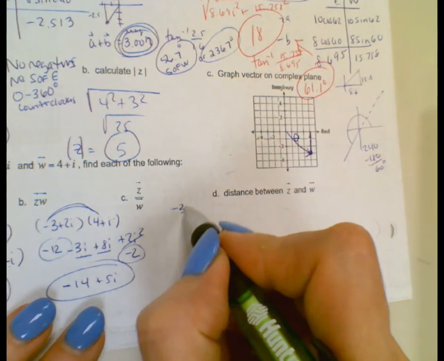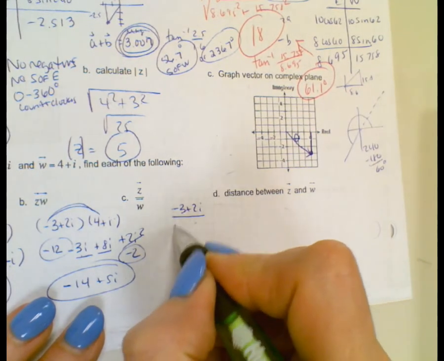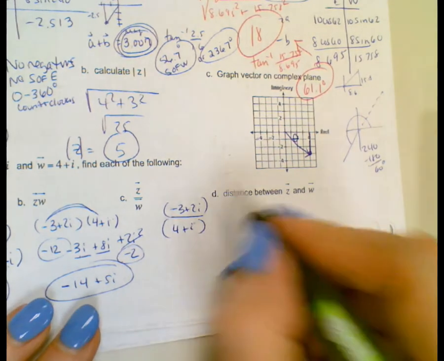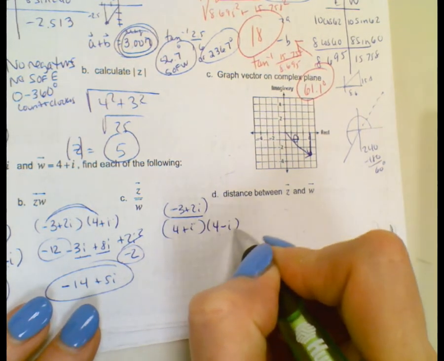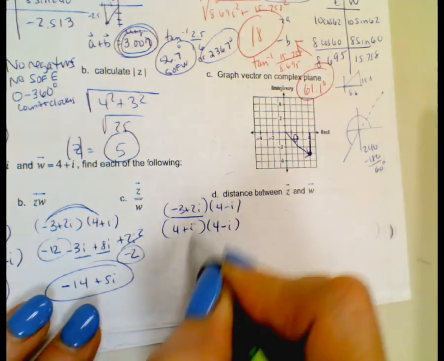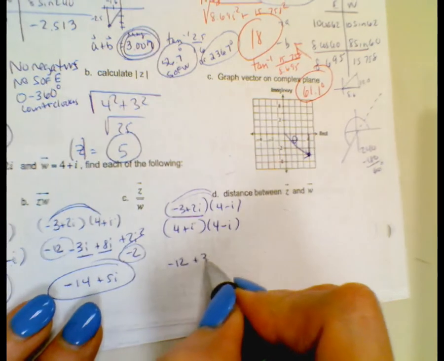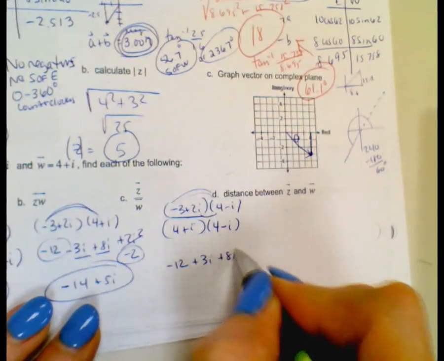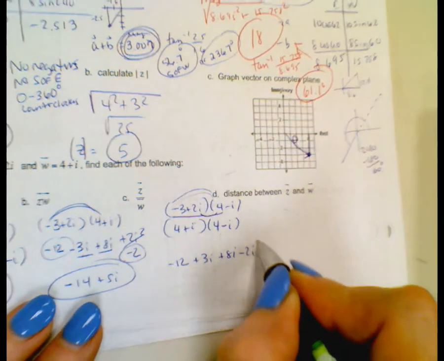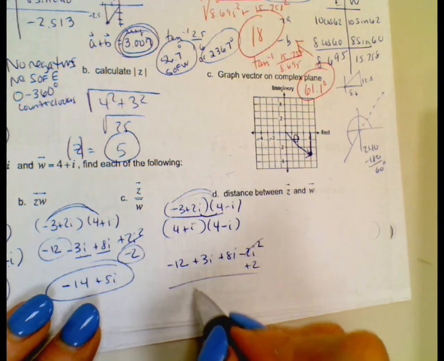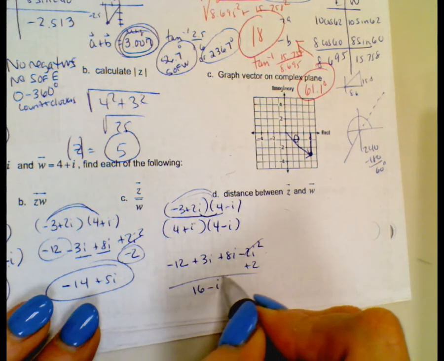So negative 12 and negative 2 is negative 14, and negative 3i and 8i is 5i. That's the answer. Now we have z, which is negative 3 plus 2i, divided by w, which is 4 plus i. To get rid of the i in the bottom, you need to multiply by the conjugate, 4 minus i. The top of the FOIL is negative 12 plus 3i plus 8i minus 2i squared, which makes that a plus 2, all over 16 minus i squared, which makes that plus 1.